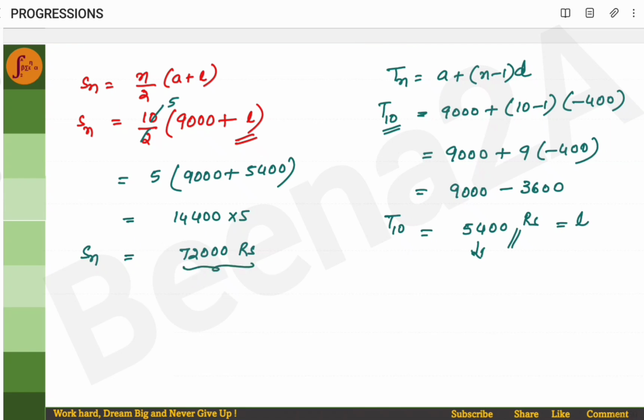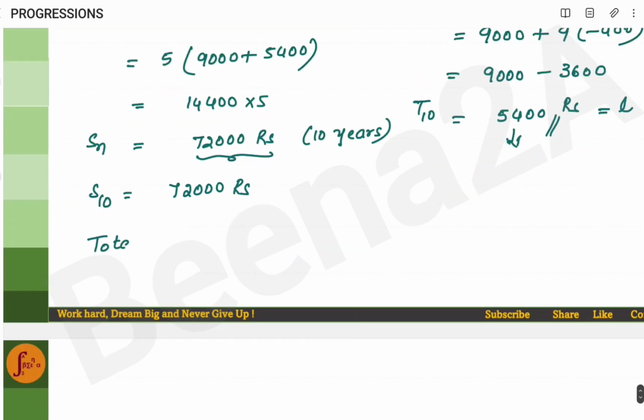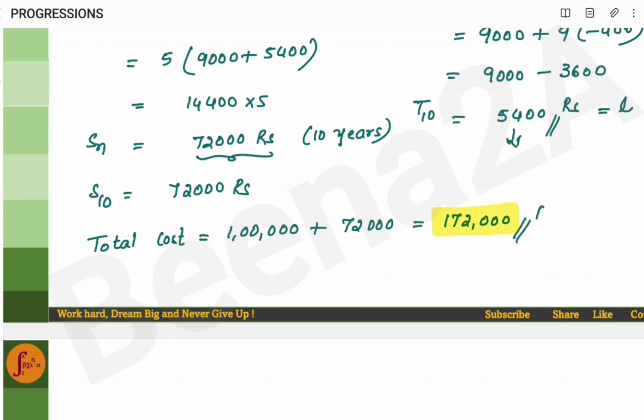Now this is what he pays in 10 years. S10 is 72,000 rupees. But we need to give the total cost. Total cost is equal to, we have to include 1 lakh that he paid earlier as advance. 1 lakh plus 72,000 is 1,72,000 is what he has paid finally. 1,72,000 rupees. This is the total cost of the car.